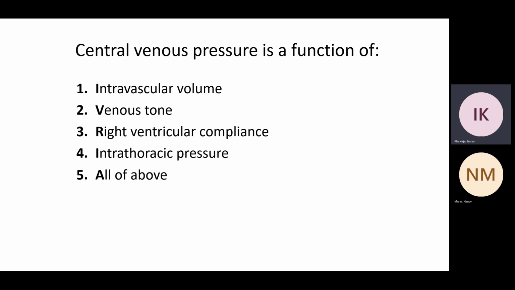There are a lot of external factors: in the chest, pleural pressure can affect it; in the abdomen, intra-abdominal pressure can do the same thing. If patients are on pressors, you can increase your venous tone, and that can bring your CVP higher. So it can be very misleading if you go with the CVP to guide your fluid therapy.